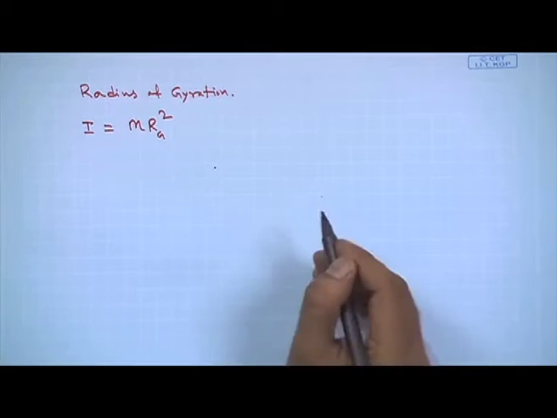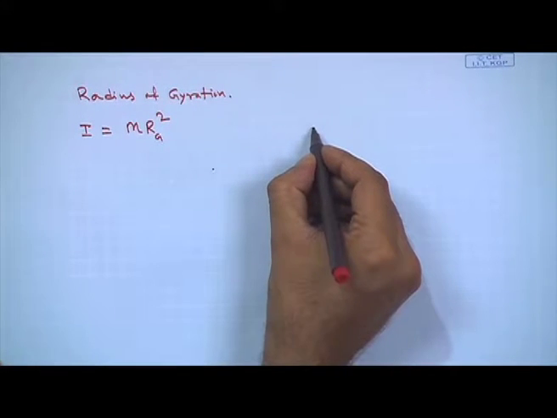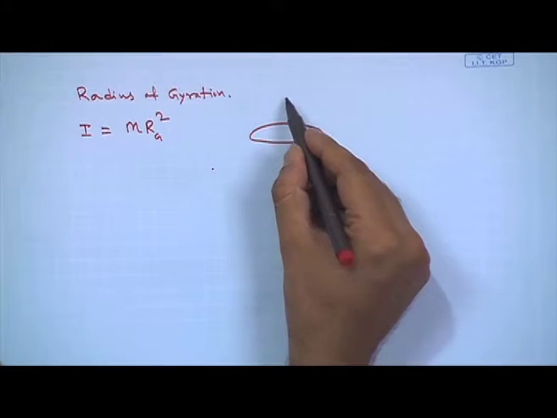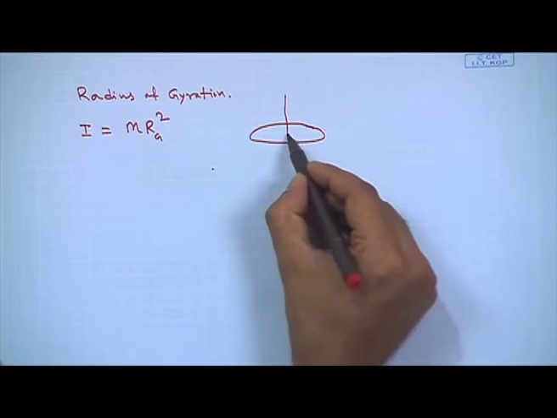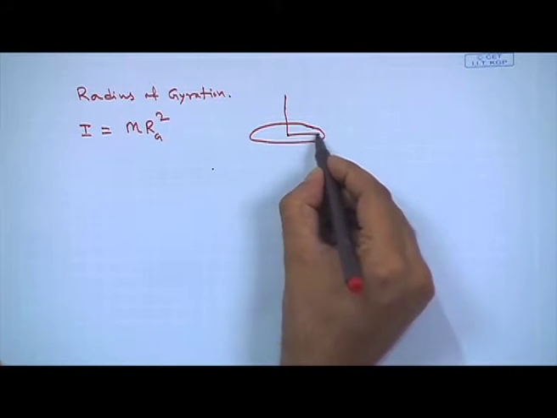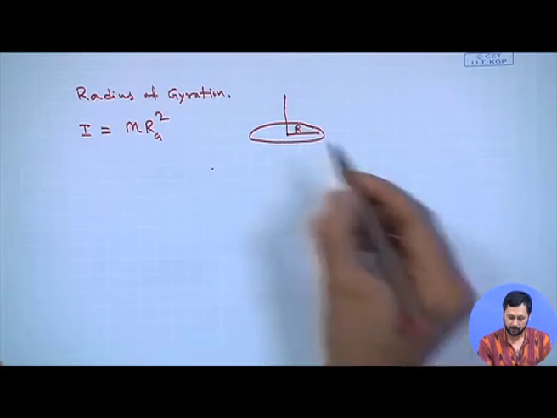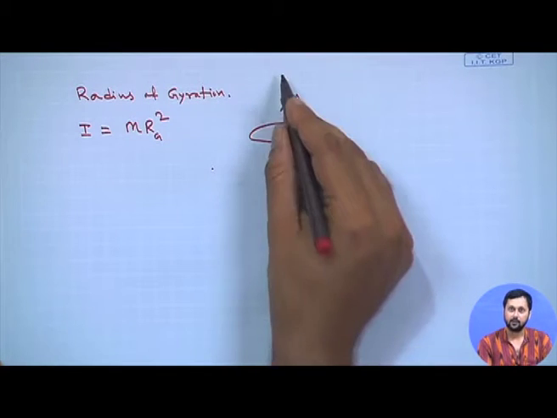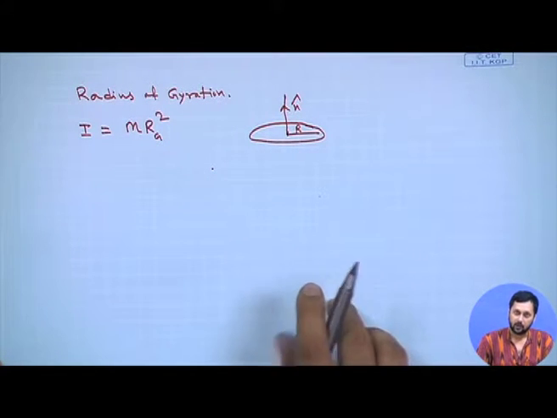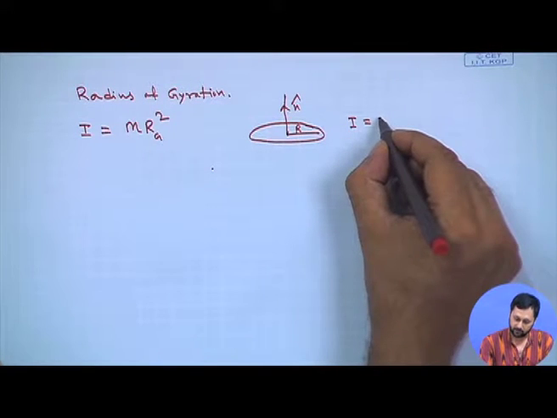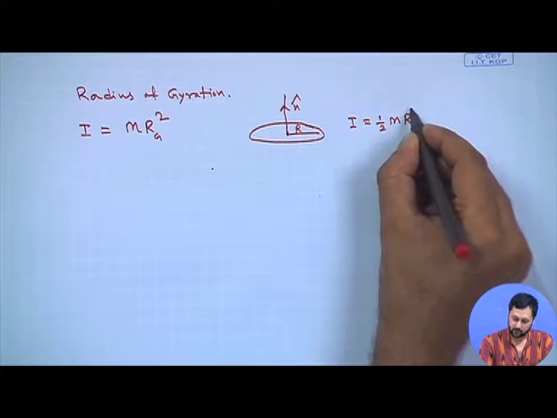Let us take an example. If you recall, in the last class or one of the last classes, we discussed the moment of inertia of this uniform circular disk of radius r along an axis which is passing through its center and perpendicular to its plane, and we found out that I for this particular axis is given by half m r square.